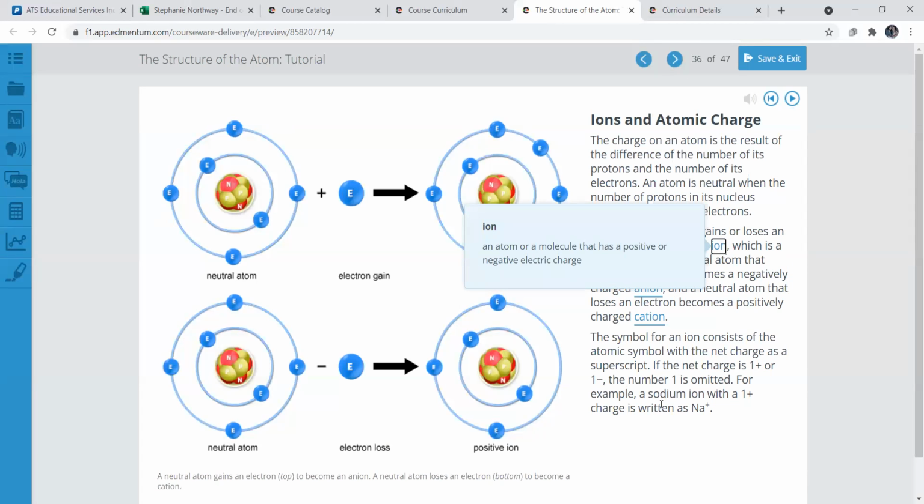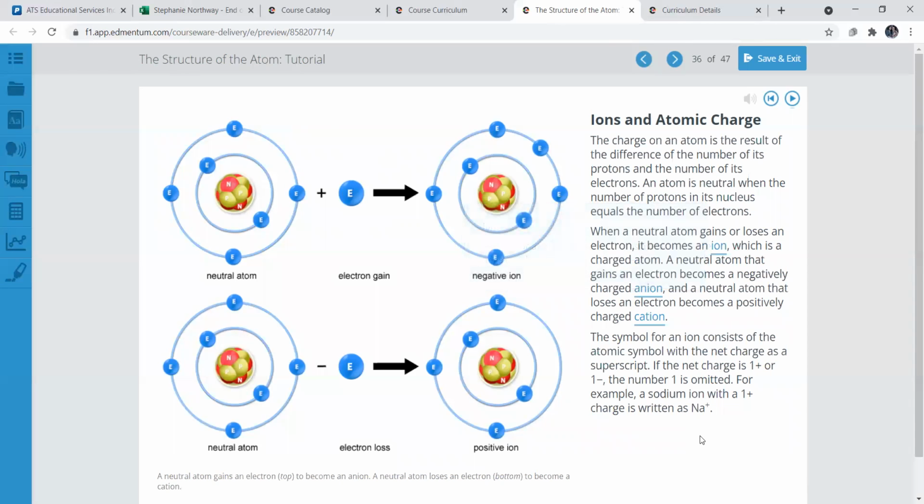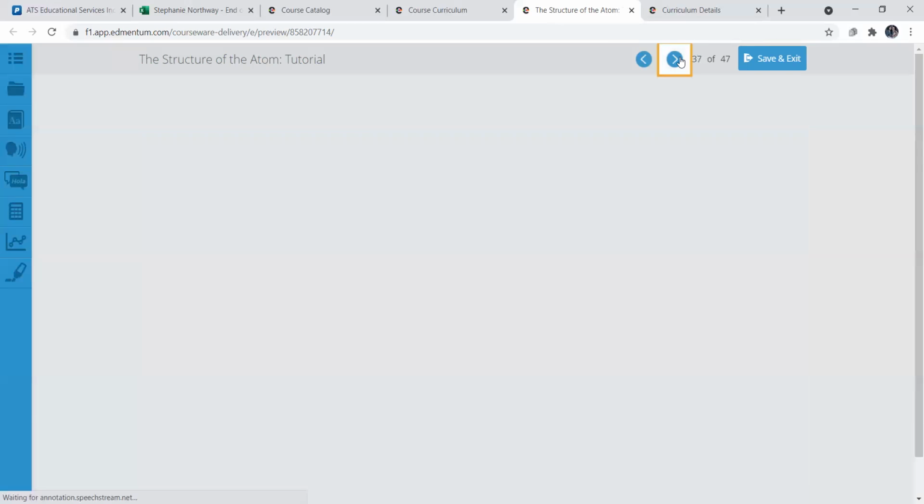An ion is an atom or molecule that has a positive or negative electric charge, meaning it's +1 or -1 or something like that. So an anion is an ion that has a negative charge. A cation is an ion that has a positive charge. So these are just showing some examples.